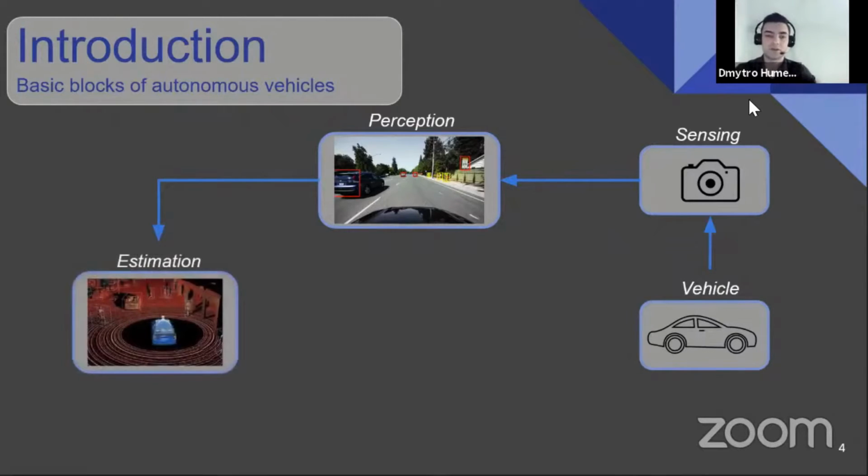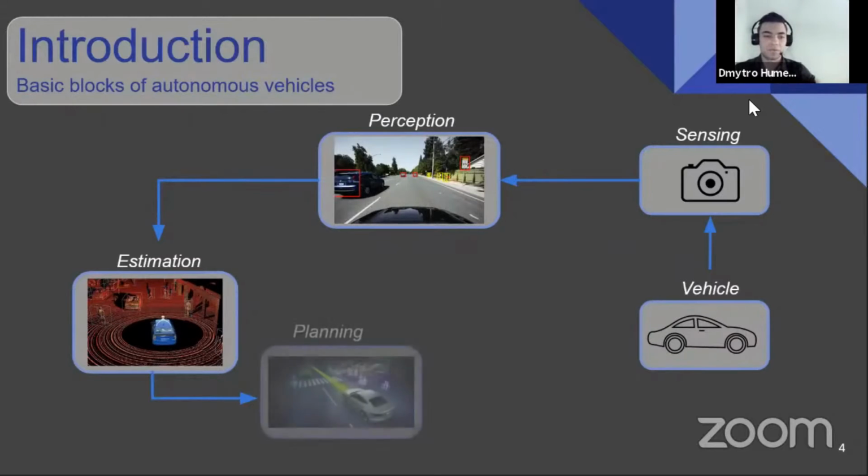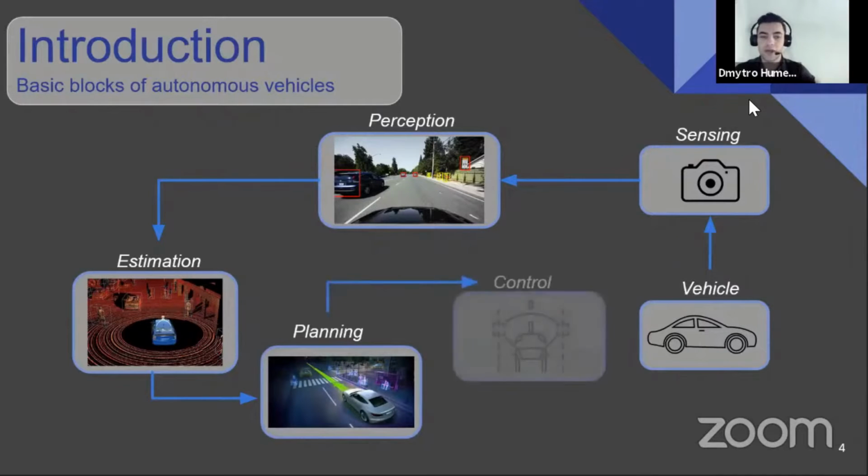Then, based on the data from different sensors and perception, the vehicle should understand where it is in the world. Then, according to its goal, it should make a safe trajectory to follow, and then using the established control policy, it should follow this trajectory. And this repeats in a loop, and this is called a closed loop behavior of the self-driving vehicle.